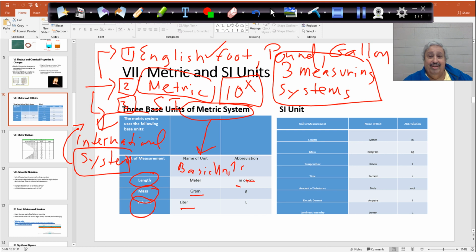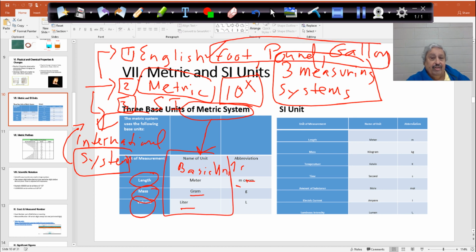So you can see, when you go back and forth, it's problematic. But by the time you use the systems together, you can tell, correct? So those are basic units in the metric. Those are basic units in the English: foot for the length, pound for the mass, and gallon for the volume.